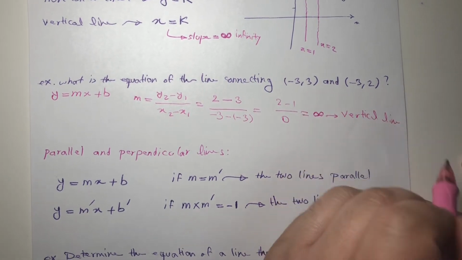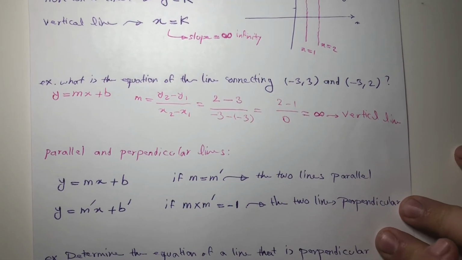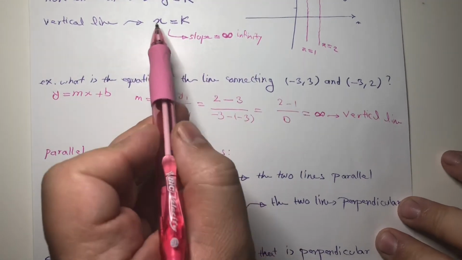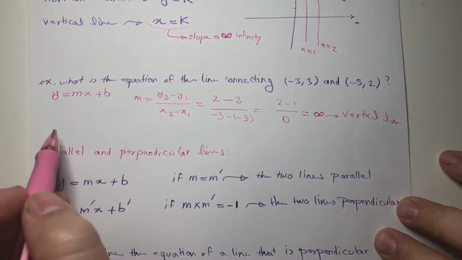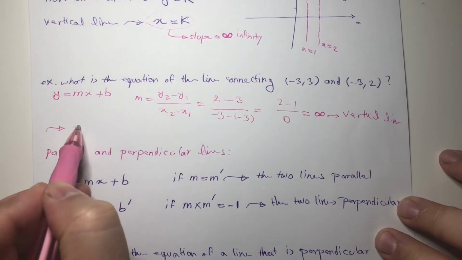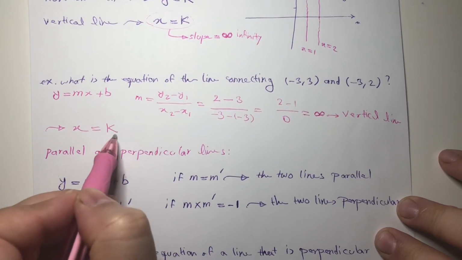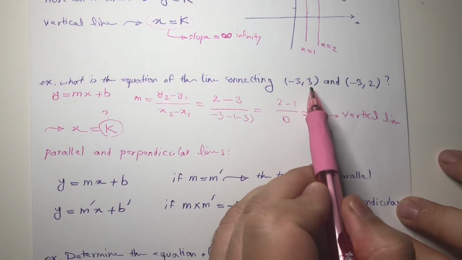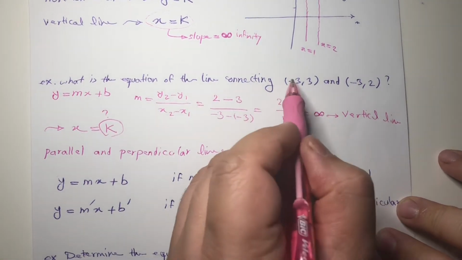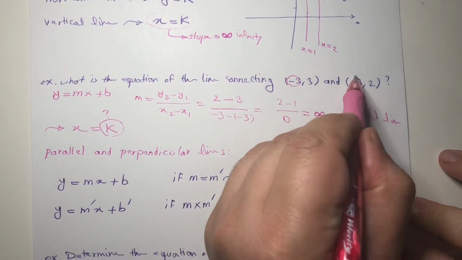What does the equation of a vertical line look like? Here you can see a vertical line equation is something like x equals k, right? So the equation of this line should be x equal to k. But what is k? If you look at the example points given, you can see that both of them have x equal to minus 3.